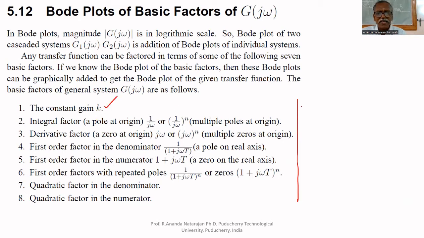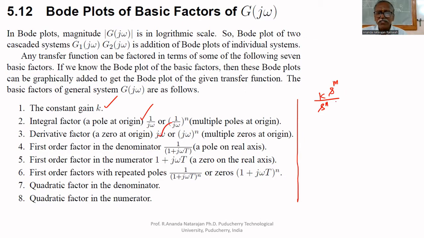You will get any pole at the origin, and for that we can see the plot. Then any derivative factor at the origin, that is, any s in the numerator. For that also we can plot.